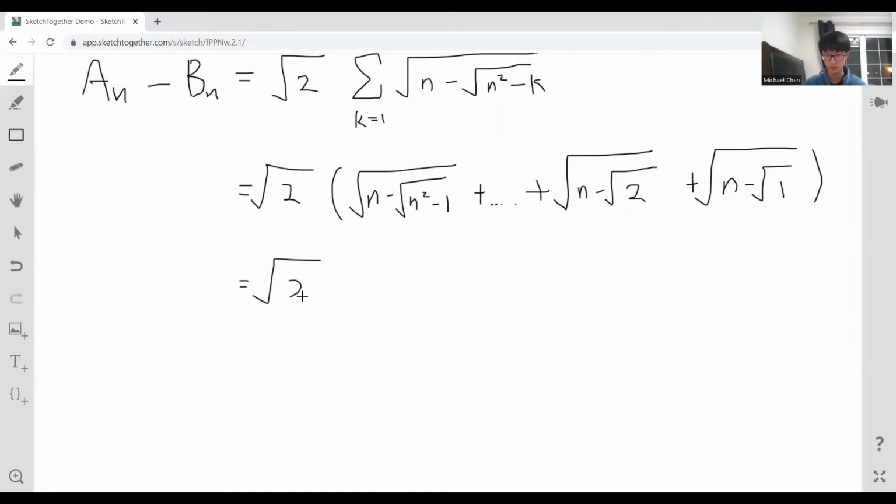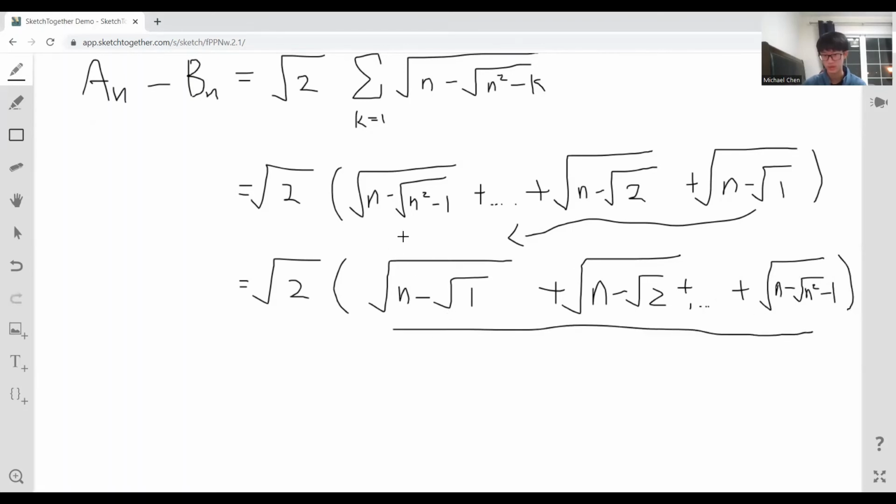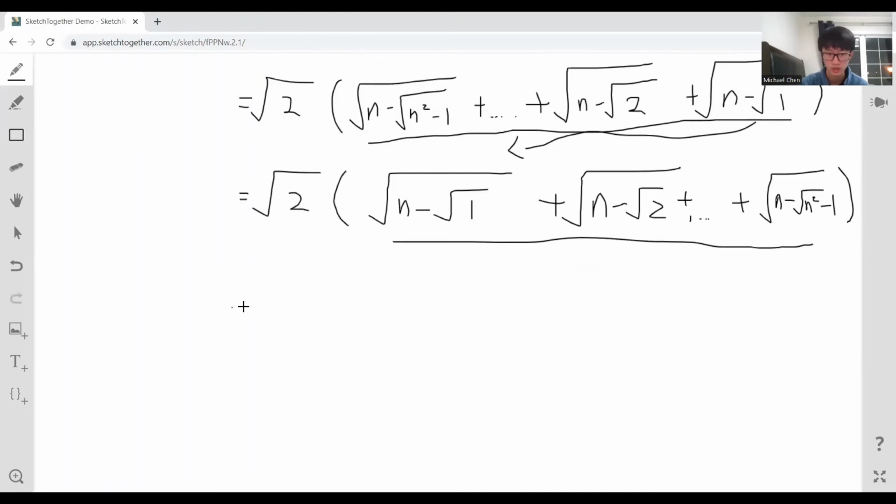Now we'll do a little bit of rearranging, just to bring this term to here. We're rewriting this, rearranging, so our sum doesn't change. This sum over here is the same as this sum over here. We just rearrange the terms.